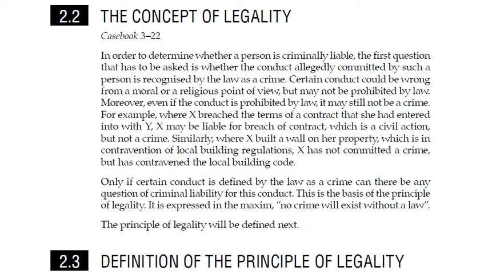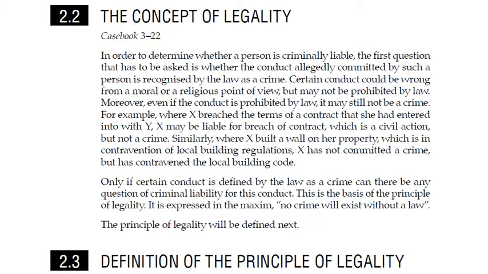I will start on page 14, where it says the concept of legality, because I want us to understand clearly so that we avoid confusion. In order to determine whether a person is criminally liable, the first question that has to be asked is whether the conduct allegedly committed by such a person is recognized by the law as a crime.